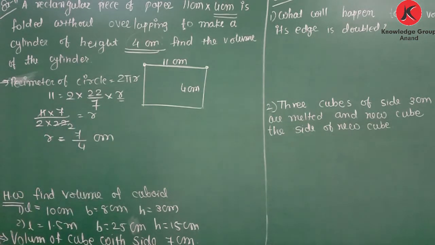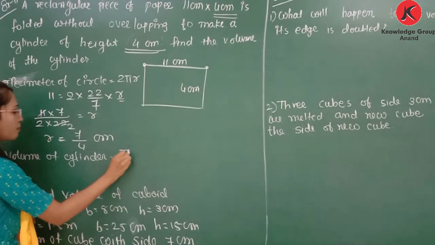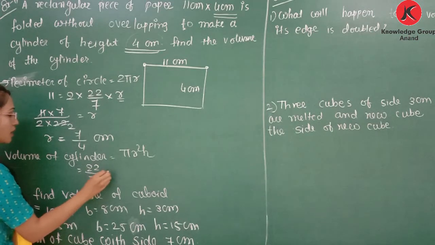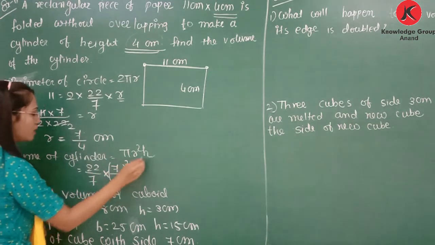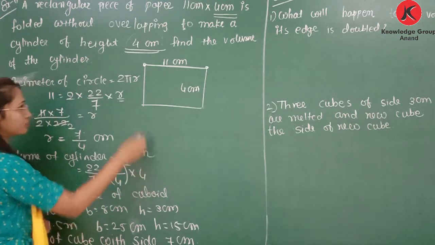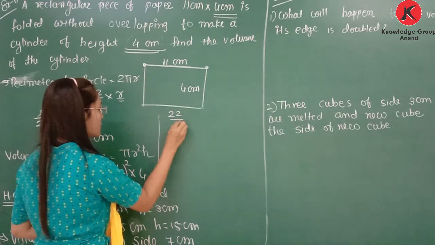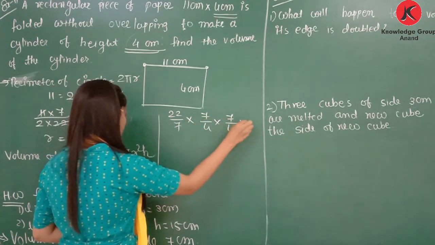So we can find the volume of the cylinder. That is pi r square h. So take pi as 22 by 7. Radius is 7 by 4, so we need to write 7 by 4 whole square. h is given as 4 in the question. Now 22 by 7 multiplied by 7 by 4 multiplied by 7 by 4 multiplied by 4.